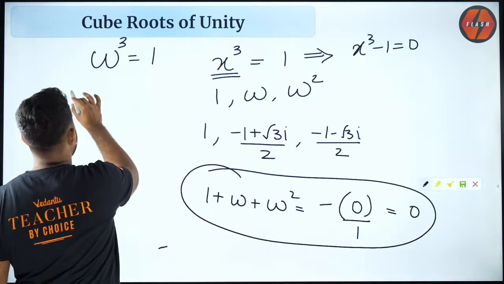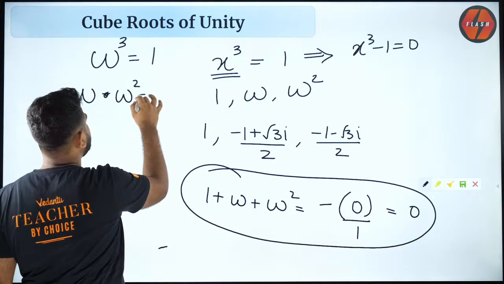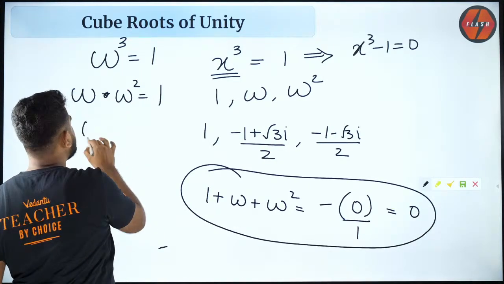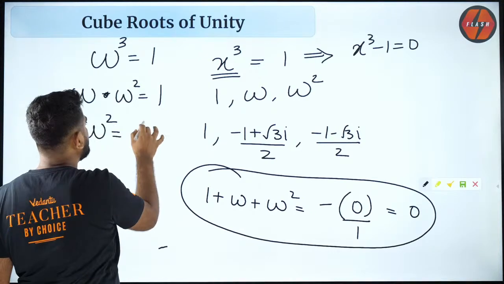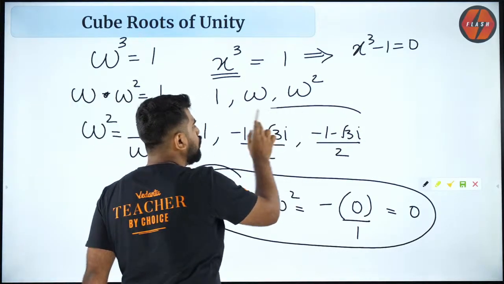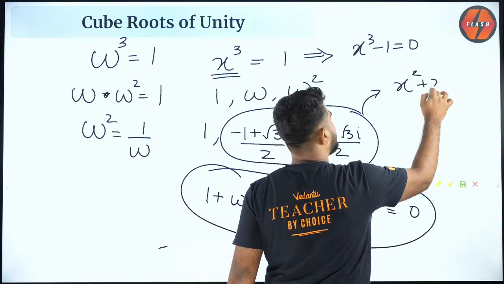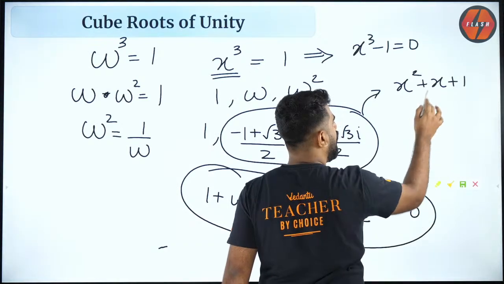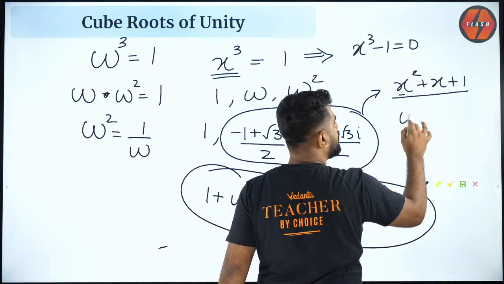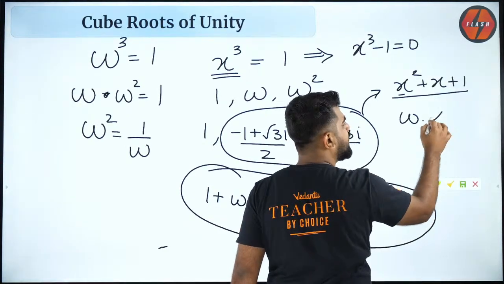And can I say omega into omega square is equal to 1? So can I say that omega square is equal to 1 by omega? And what are these two roots of? These two are roots of x square plus x plus 1. So what is the product of the roots? Product of the roots, omega and let's say the other root I don't know.